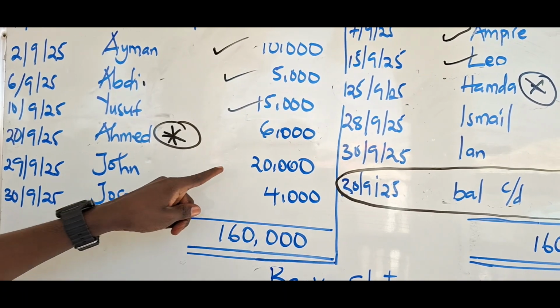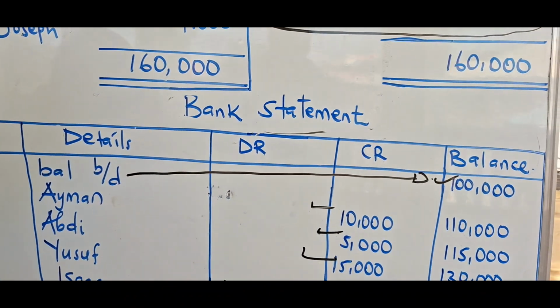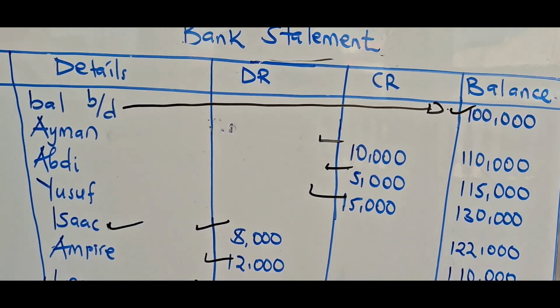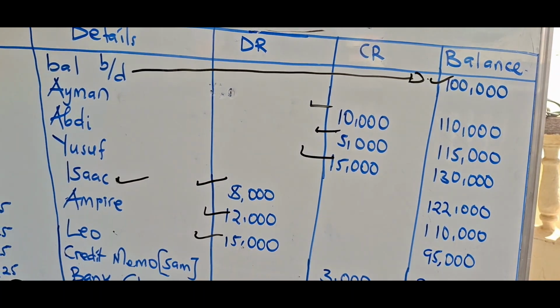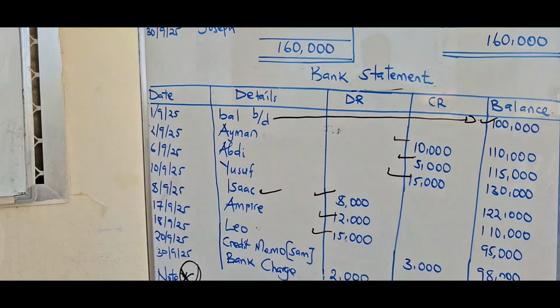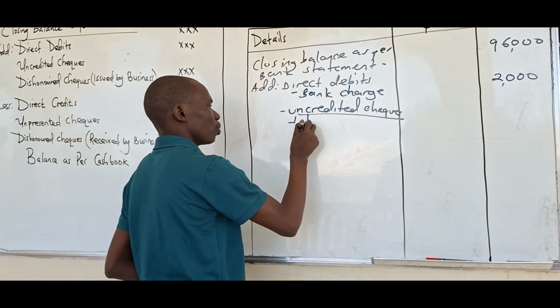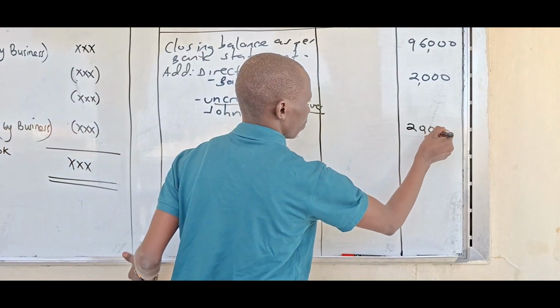We have John 20, and under the credit column here, I'm not seeing the amount for John. We have Joseph, and under the credit column, I'm not seeing any amount for Joseph. So you bring here, and you capture their names. You have John, which is 20,000. You can take it direct, no problem.